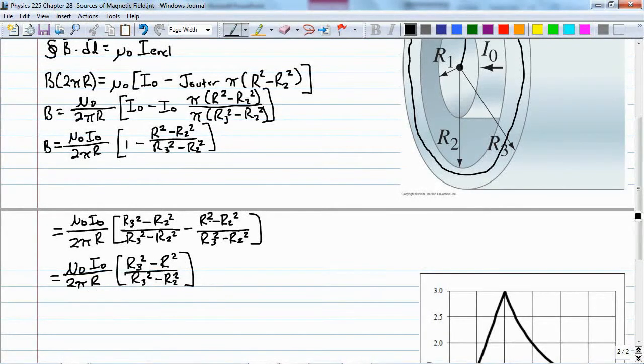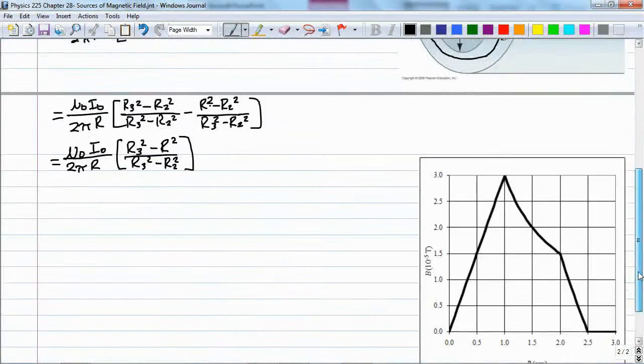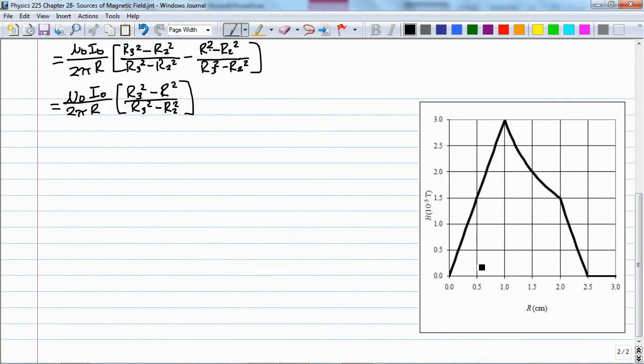So now we can plot a plot showing the inner radius of 1 centimeter for the conductor, and then from 1 centimeter to 2 centimeters is empty space, and from 2 centimeters to 2.5 centimeters is a conductor, and then 2.5 on out is the outside of the coax.